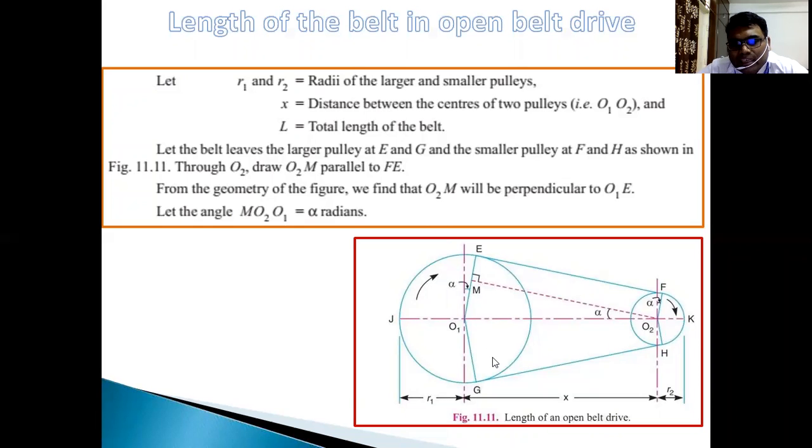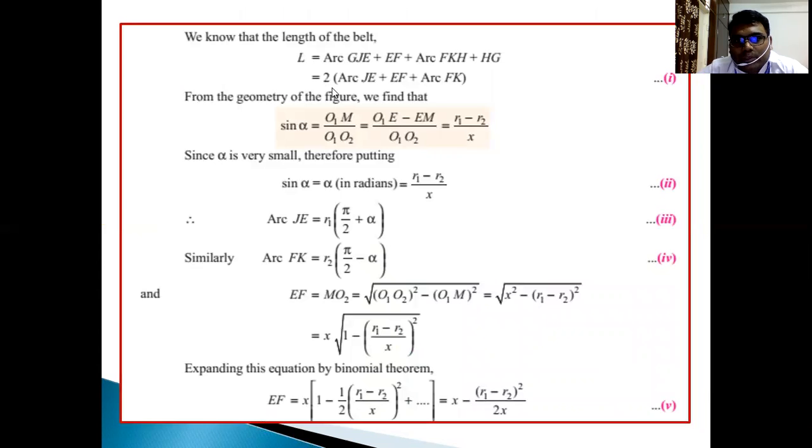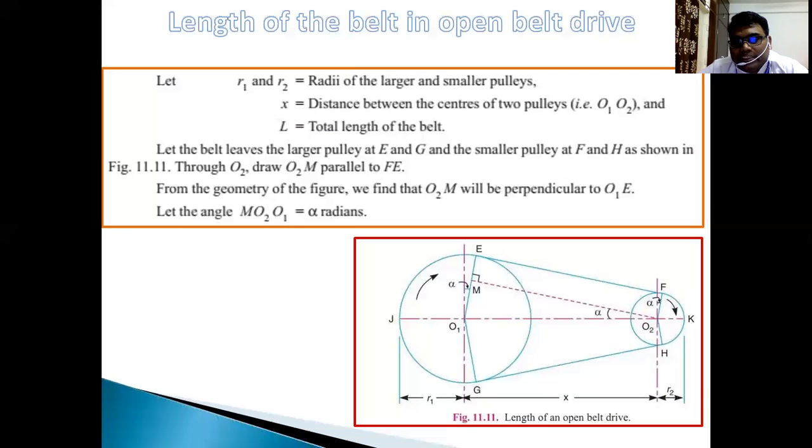So we can say this whole arc is arc JE plus EF plus arc FK. If we take two times this, you get the whole length of the belt. So we can say two times arc JE plus EF plus arc FK. Now we need to calculate this part.